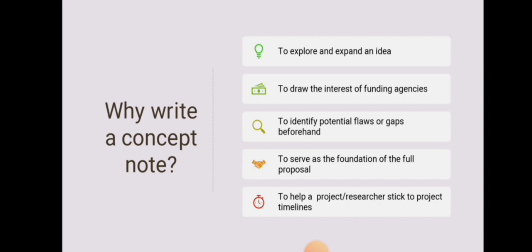At each stage, experts or funders might spot a potential gap or weakness in the proposed project. Accordingly, a researcher can identify solutions or improve the project proposal in terms of goals and methodology. So this is how we identify potential flaws.